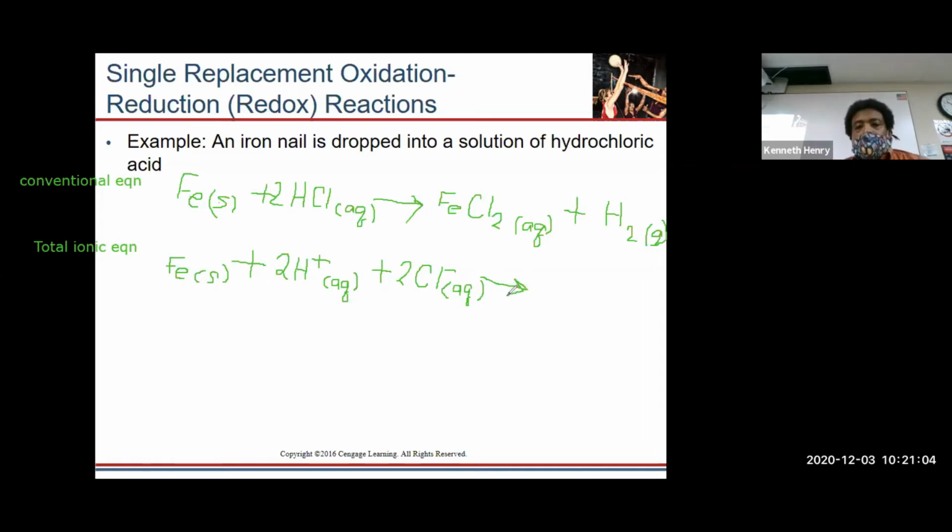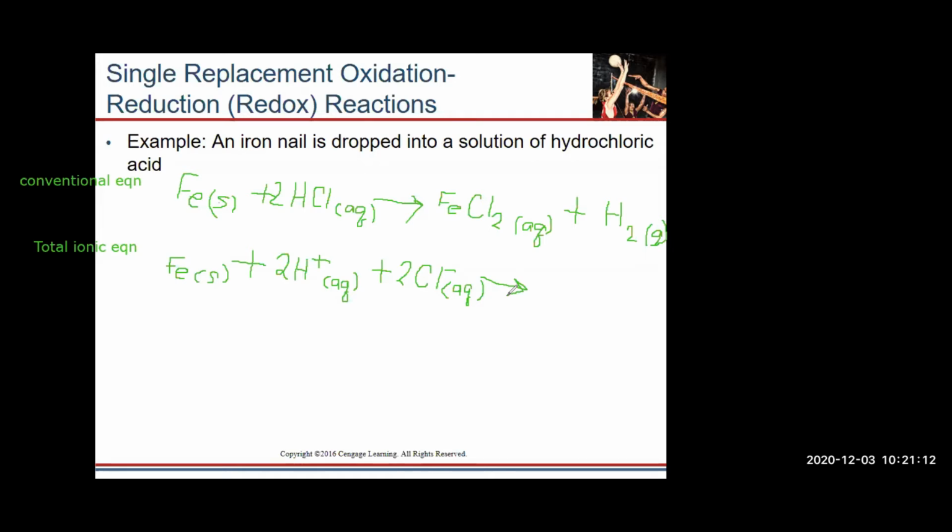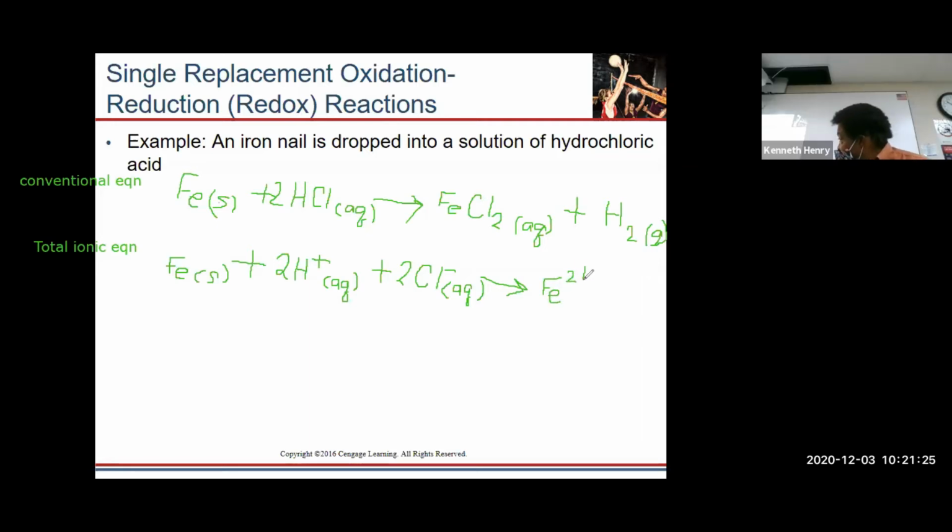Okay. On the other side, Fe. That's a charge of 2 plus. Solid, liquid, gas, or aqueous?